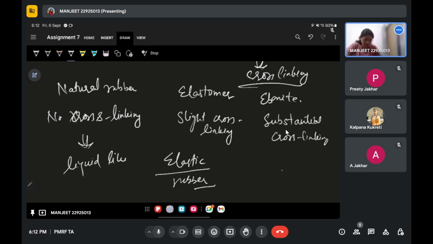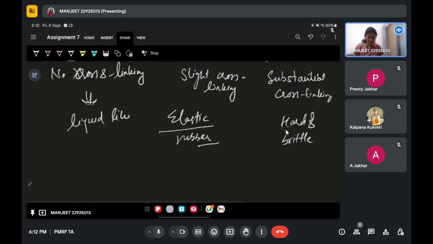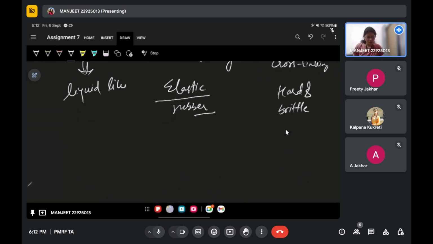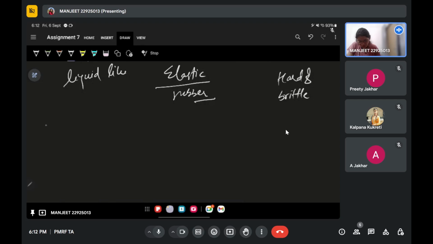Ebonite is hard and brittle, because we have done the vulcanization so much that the cross linkage has become large in quantity, and the liquid-like material becomes hard and brittle. With cross linking, the hardness will increase. Now let's see how vulcanization happens in natural rubber.